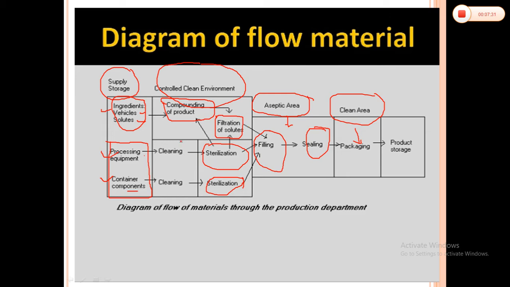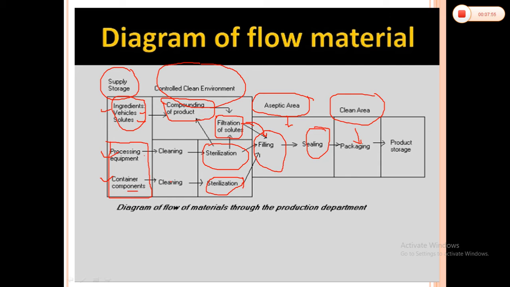So here our final product, the ready-to-fill product, gets sterilized first, and through a small opening or through plastic pipes or other transfer materials, it is transferred to the filling area. Now this is a very important area as per the guidelines they have provided.